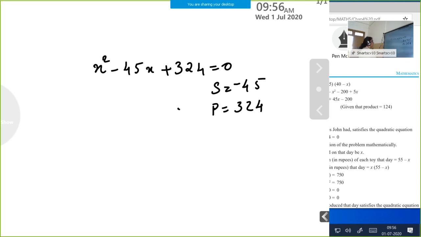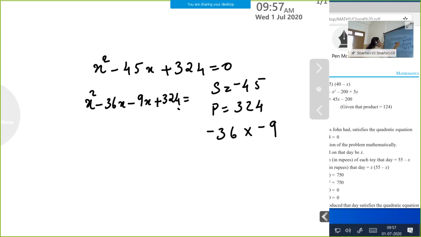They are minus 36 and minus 9. Listen, minus 36 plus minus 9 is minus 45, and minus 36 into minus 9 is plus 324. So splitting minus 45x, x square minus 36x minus 9x plus 324 is equal to 0.